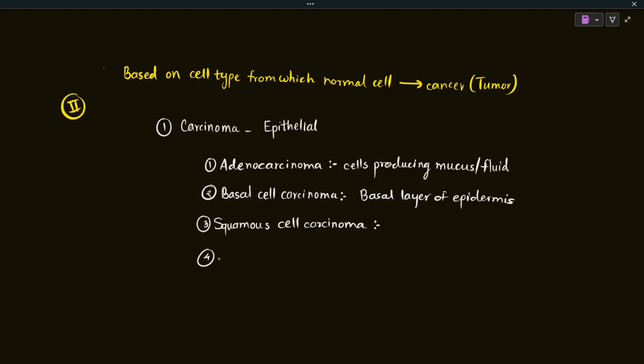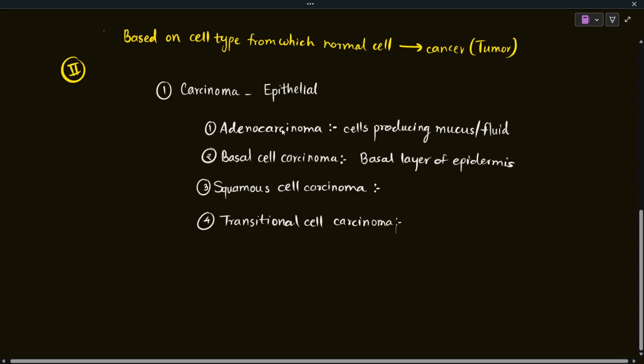And there is one more epithelial cell type known as transitional epithelium, which is found in our bladder and kidneys. So the cancer related to those cells is known as transitional cell carcinoma. Transitional epithelium is not that different from normal epithelial cells.